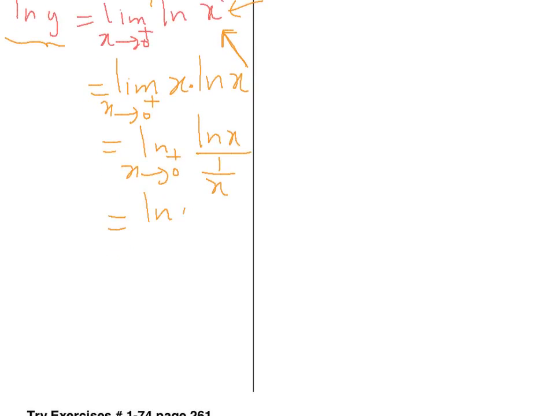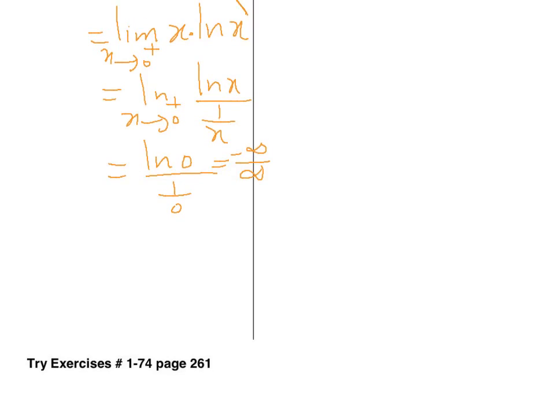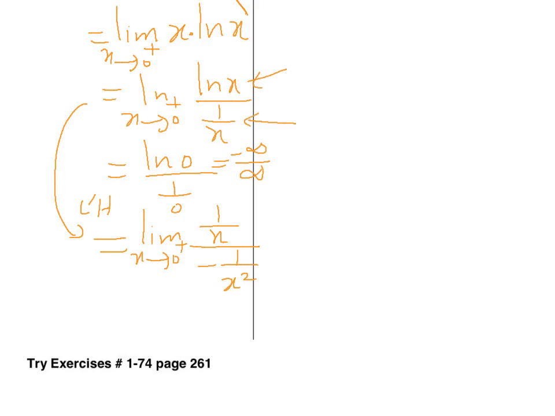This is ln 0, and 1 divided by 0, which is minus infinity divided by infinity, which means we can apply L'Hopital's rule. Differentiate the numerator: the derivative of ln x is 1 divided by x, and the derivative of 1 over x is minus 1 divided by x squared, when x approaches 0 from the right. Simplify this, so it will be 1 divided by x times minus x squared divided by 1.